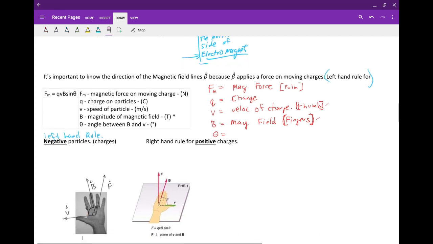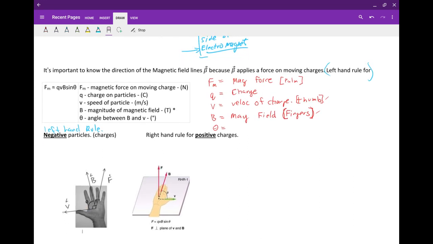Now, basically what's going on is, let's say I've got some magnetic field, and here the magnetic field is represented by just a single line. But oftentimes a magnetic field would be a field of lines. And so it's kind of nice. You point your fingers in the direction of that magnetic field. Then you've got some particle, zoom, flying by that way.